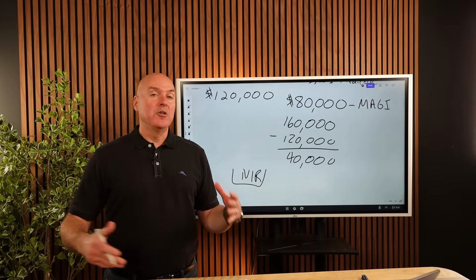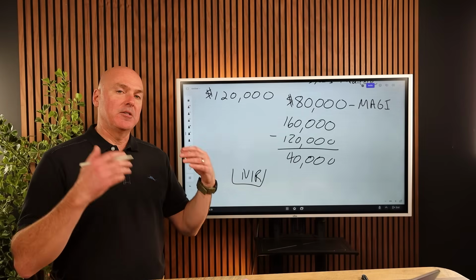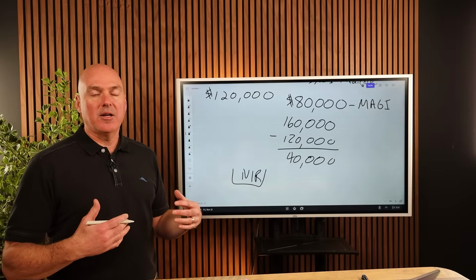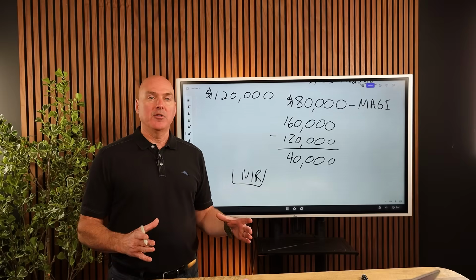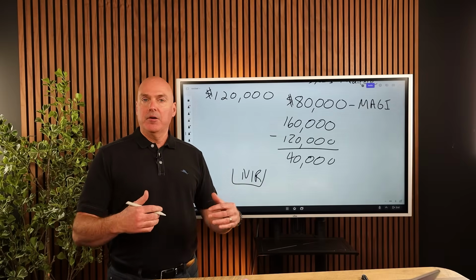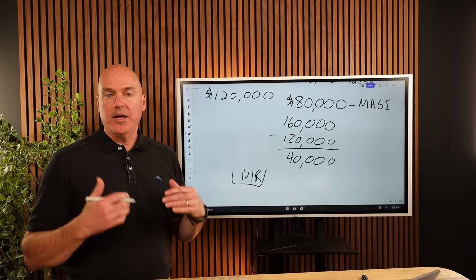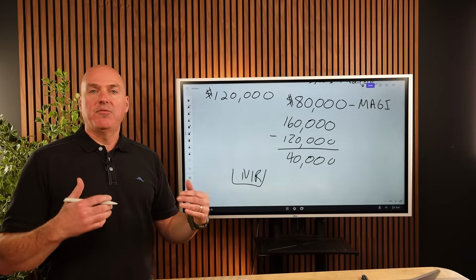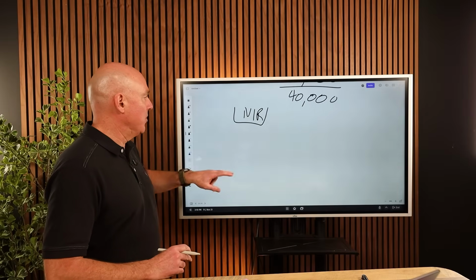So if we continue to do this for the next 5 years, essentially what would be happening is they would be selling off $160,000 worth of stock. $80,000 of it would be considered a long-term capital gain. It's under the modified adjusted gross income level for qualifying for an ACA subsidy, and it's also falling into a 0% long-term capital gain tax bracket.